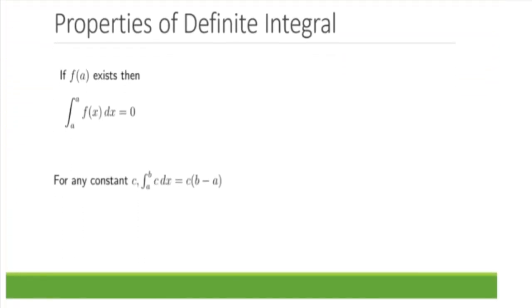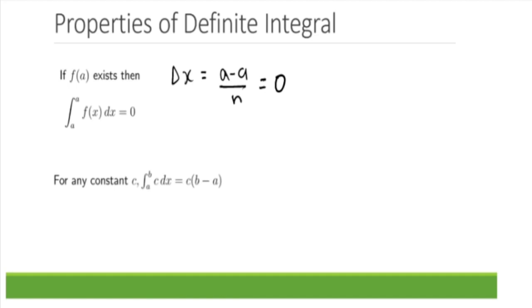Next, if f of a exists, then the definite integral from a to a of f of x dx is equal to 0. So again, we can think of this as delta x being equal to a minus a over n. So this is 0.